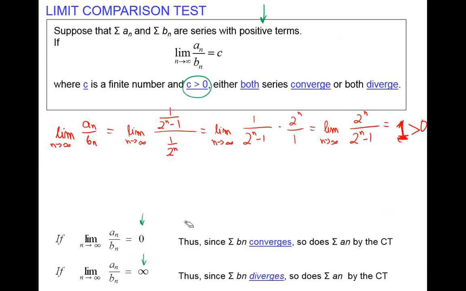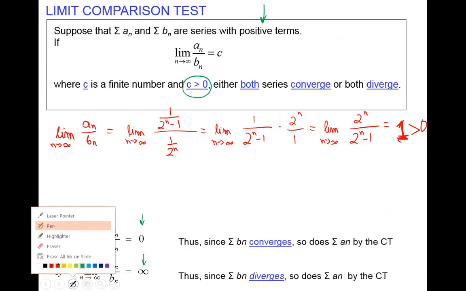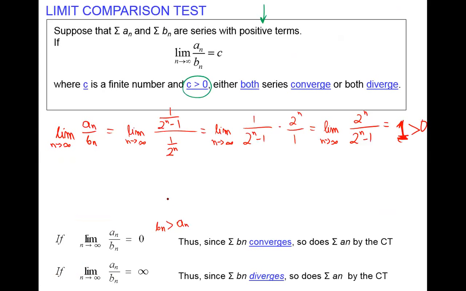Having 0, we can only conclude convergence, because 0 means the denominator is winning in terms of growth rate. If b sub n was convergent, then I can conclude convergence, but only in this case, 0 and convergence.